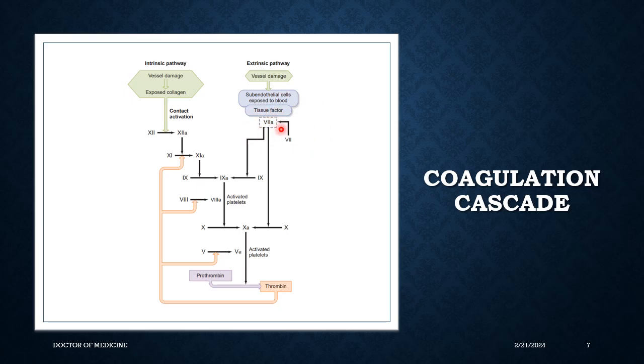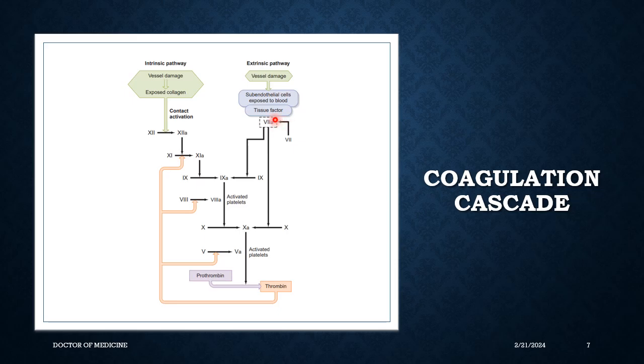Okay, so your 7A will then split into two pathways. One pathway provides a link between the extrinsic pathway and the intrinsic pathway. So 7A will activate 9 into 9A. Then 9A will work together with its cofactor, that is 8A, to form your activated 10A. The other pathway involves the activation of the Stewart-Prower factor by means of your factor 7A.